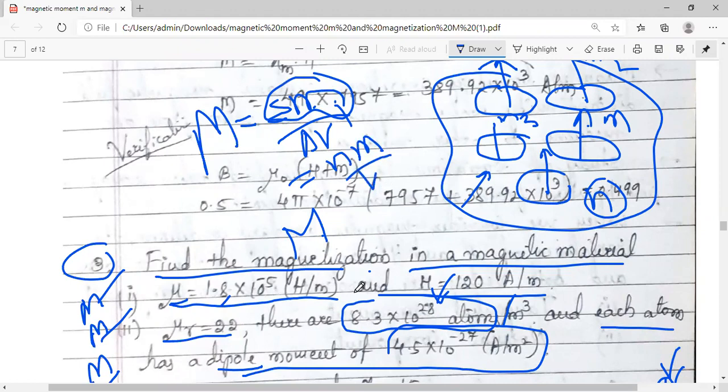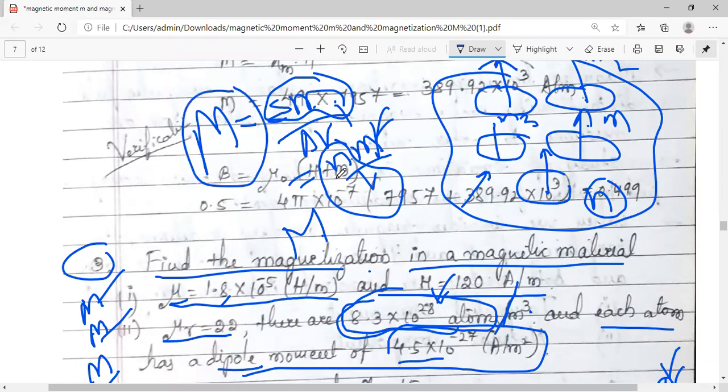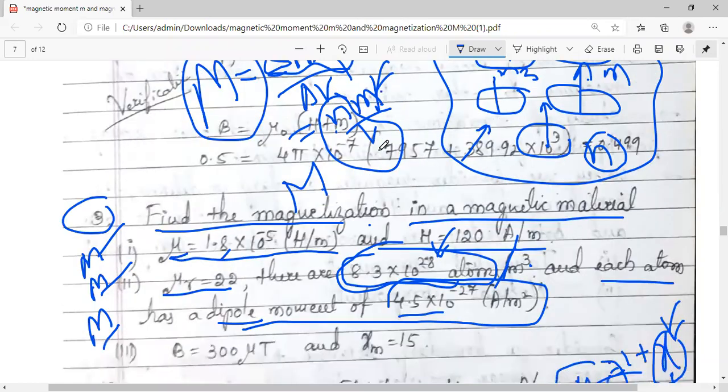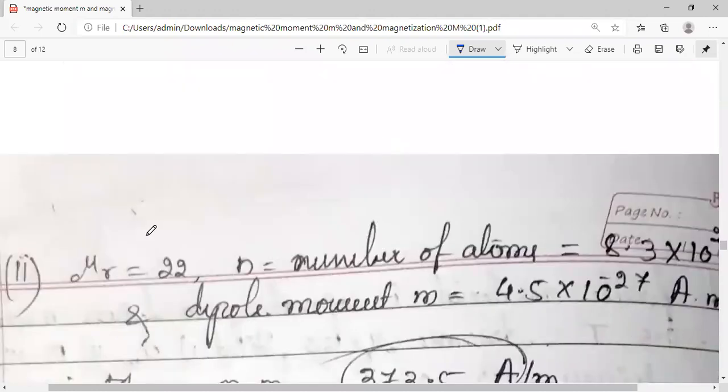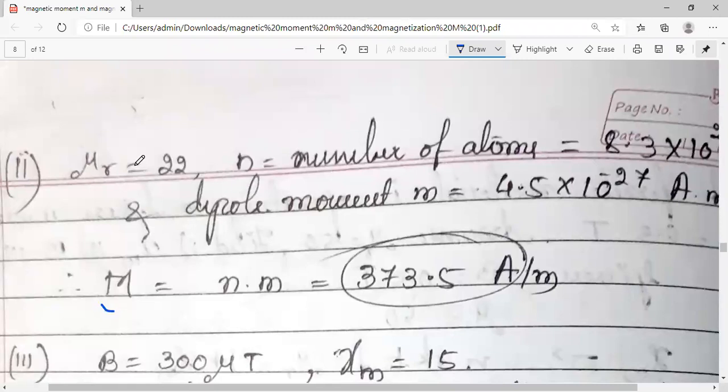But what is given here? Number of atoms that are given per meter cube. So n by V is given to you, and each dipole moment is 4.5 into 10 raised to minus 27. So how can you calculate M? N times you have to multiply m. For the second question, even though mu r is given, you have not used that anywhere.